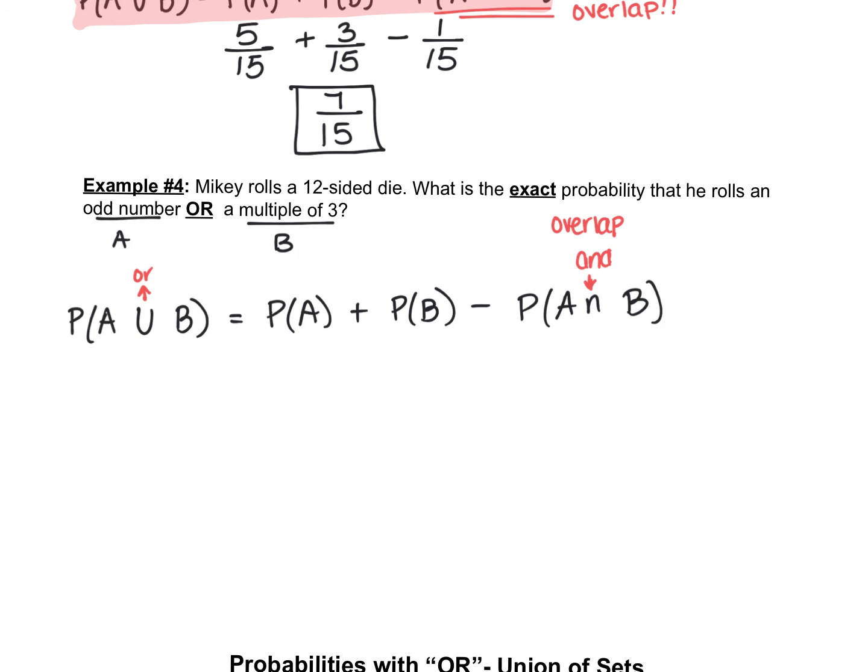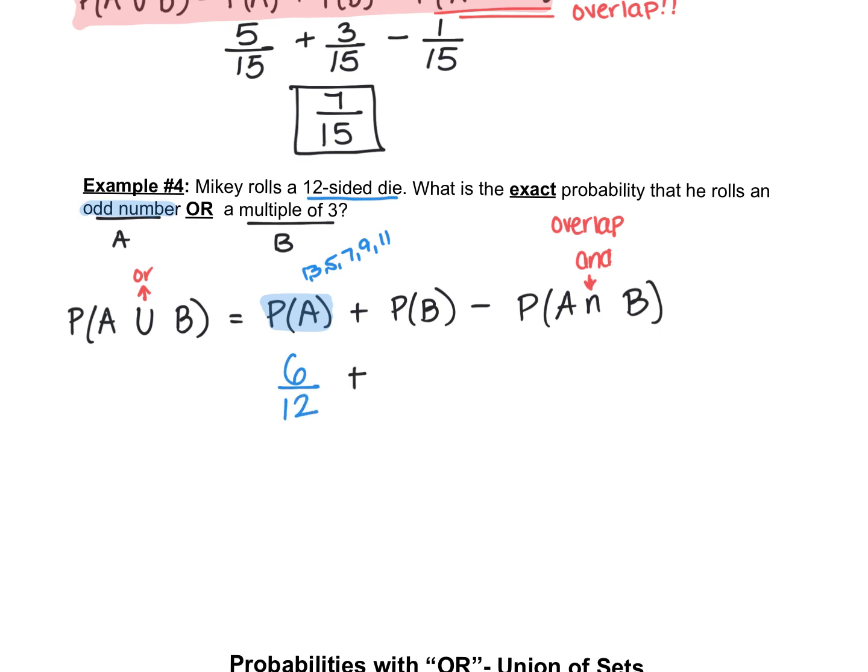So for the odd numbers, I want the probability of getting an odd number first. How many odd numbers do we have on a 12-sided die? We have 1, 3, 5, 7, 9, and 11. So that makes 1, 2, 3, 4, 5, 6. So we have 6 numbers out of 12 that are odd.